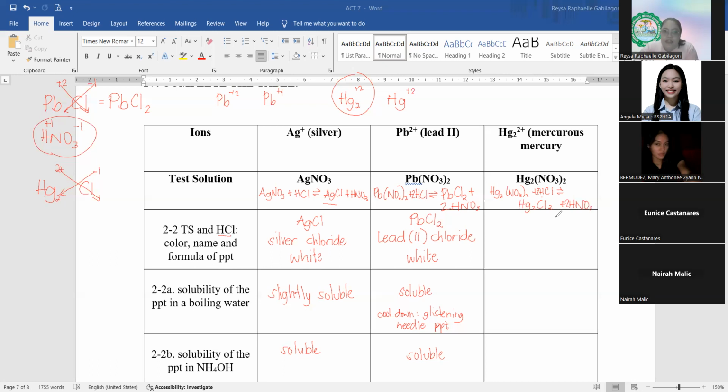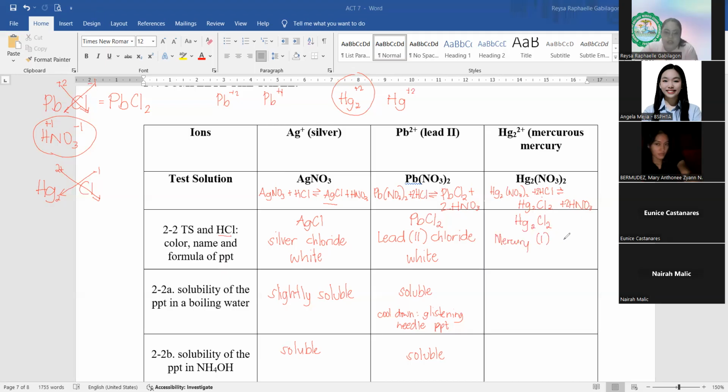So, sabi ko kanina, yung mga acids, mga nitric acid, hydrochloric acid, water, they are all liquid. So, hindi sila precipitate. So, ang precipitate natin dito is Hg2Cl2. Paano nga itong name neto? It's mercury. And then, ang charge niya, 1. 1 ha, 1 pa rin siya.